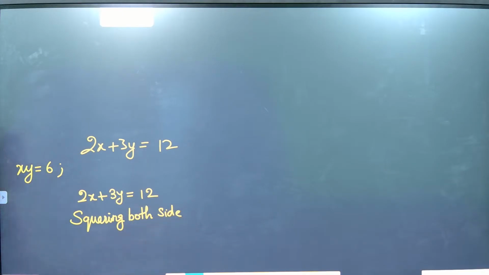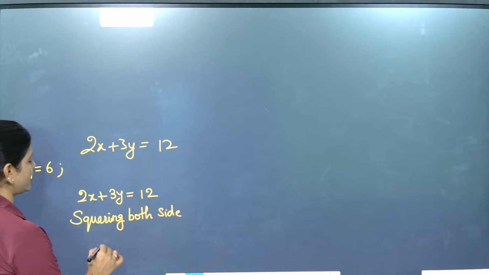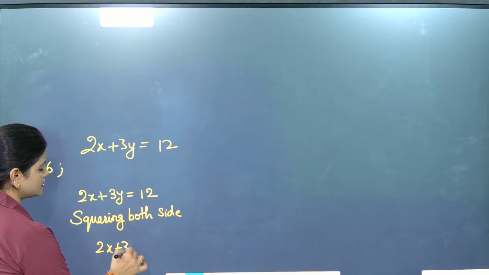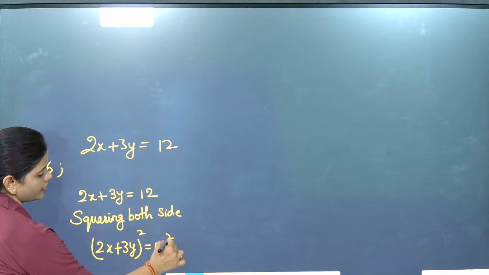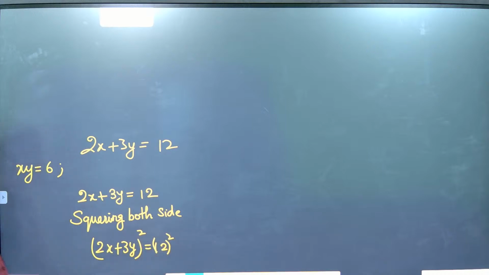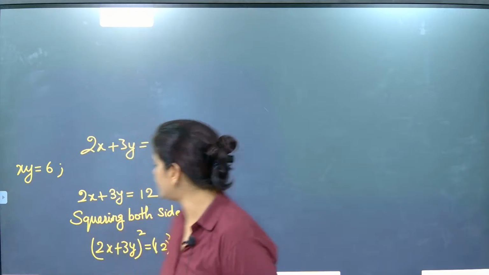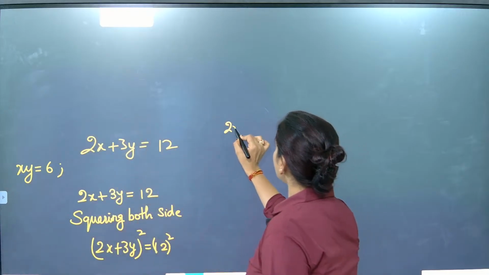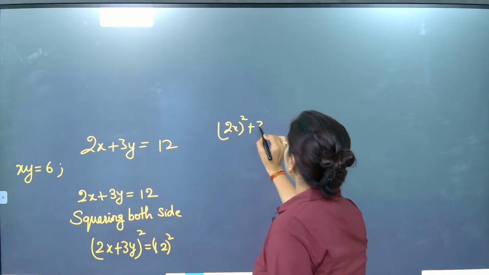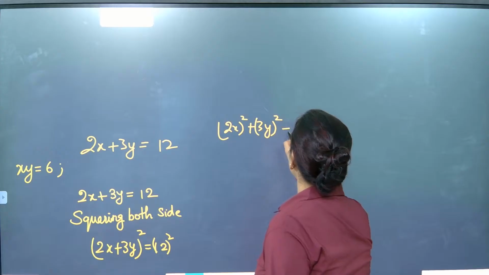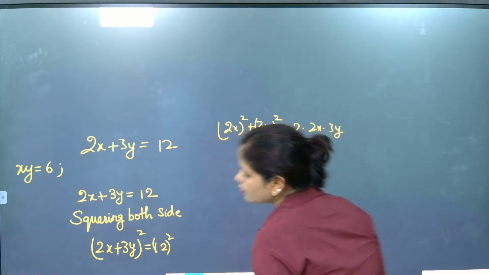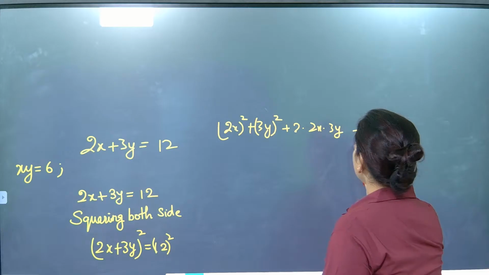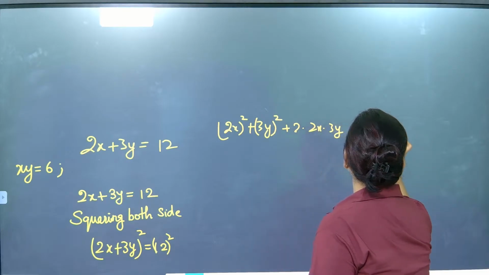So 2x plus 3y whole square equal to 12 square. When you write 2x plus 3y whole square, it comes as 2x whole square plus 3y whole square plus 2 into 2x into 3y equal to 144.